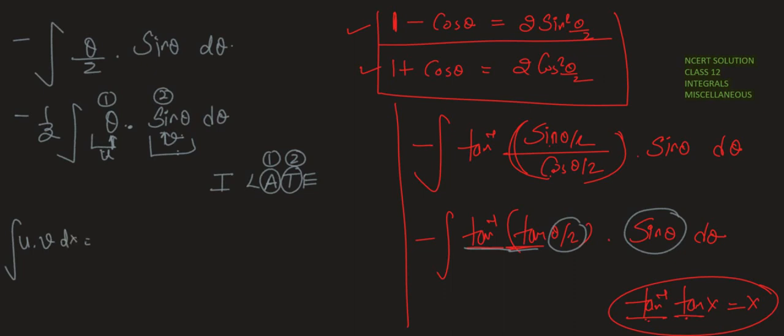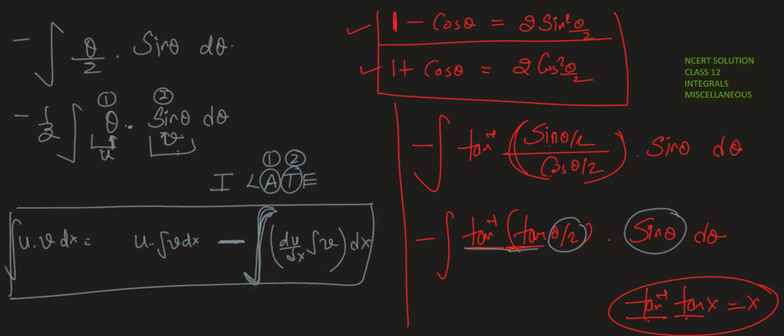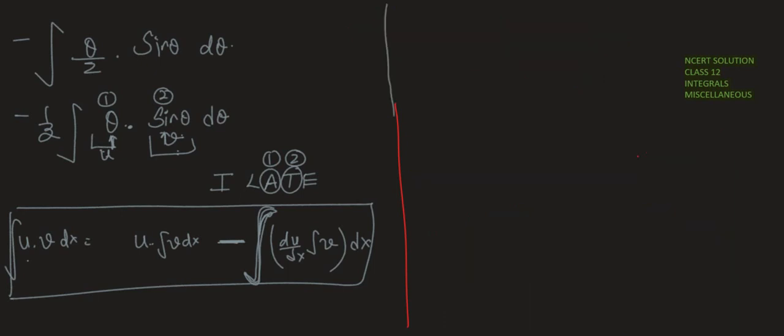What is the formula for integration of u into v? It is u into integration of v, minus, look carefully, integration of derivative of first into integration of second, dx. This is the formula. Write it down. This is for u into v. Let me solve it.